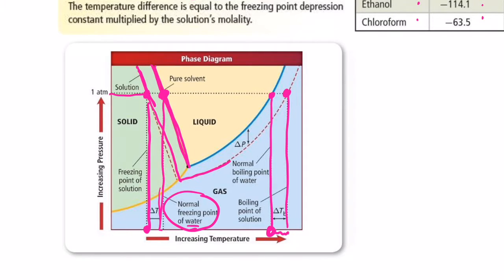So it looks like my substance stays a liquid at a higher temperature, and my substance stays as a liquid also at a lower temperature. So the liquid phase becomes bigger in my phase diagram. It occupies more area when I add a solute to my pure substance. And that's true for all solvents, not just water.